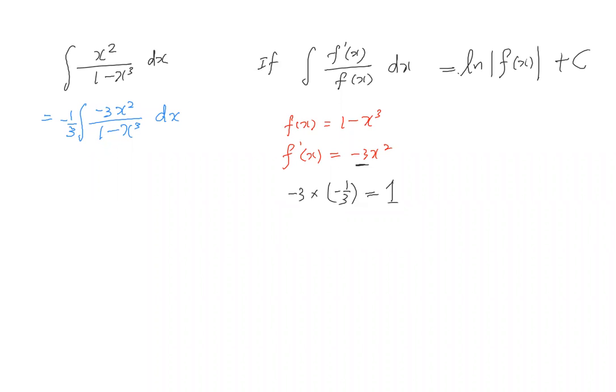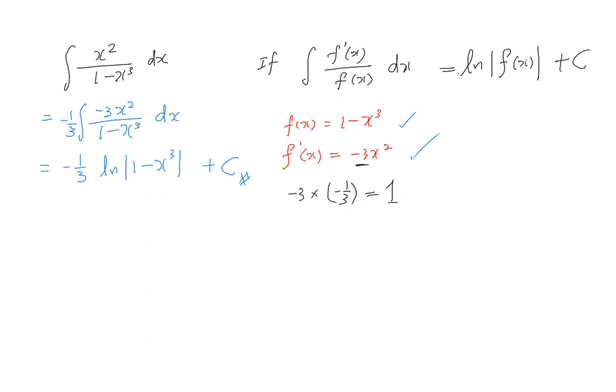So now I will know the answer is negative 1/3 ln, plus C. Done. So am I doing substitution method? Yes. I will show the examiner this and this at the side.